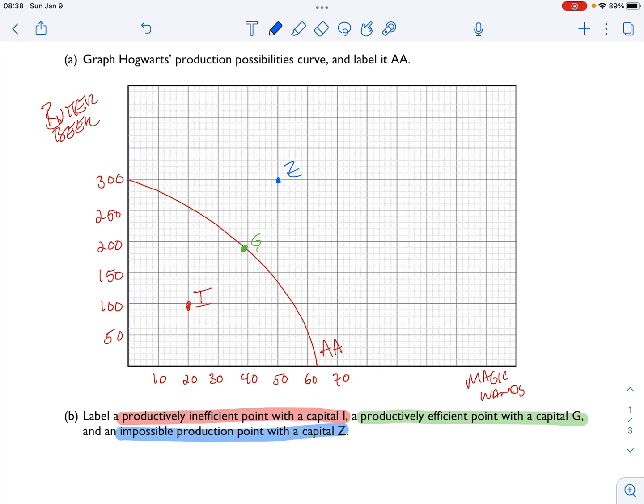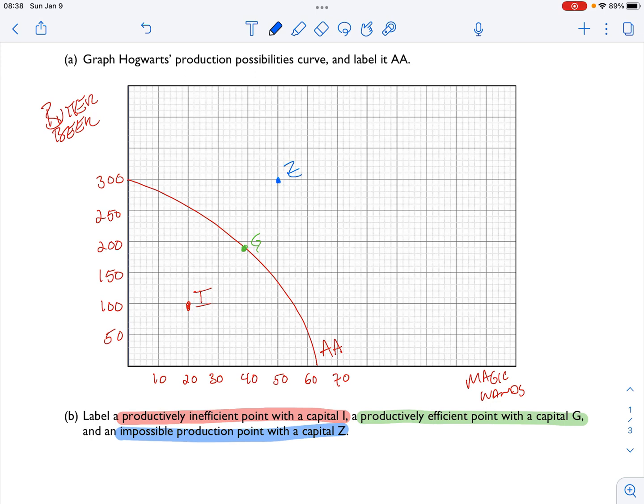They would need to increase the number of resources they have available to achieve point Z. Now, the important point here is if they did get those resources, and you're going to see this in action momentarily, that production possibilities curve, AA, would shift outward.